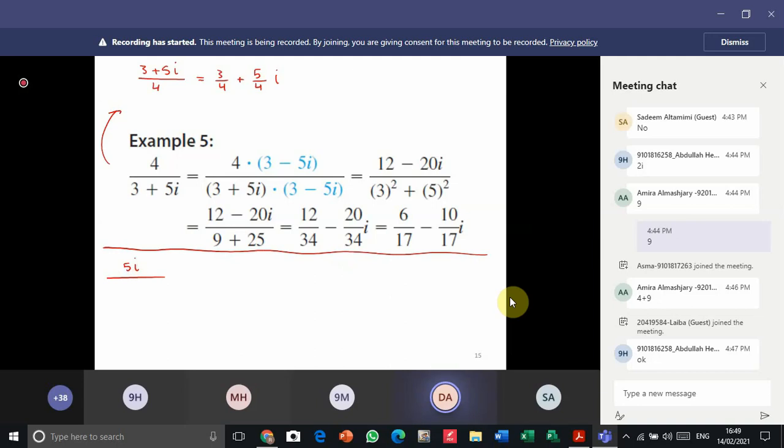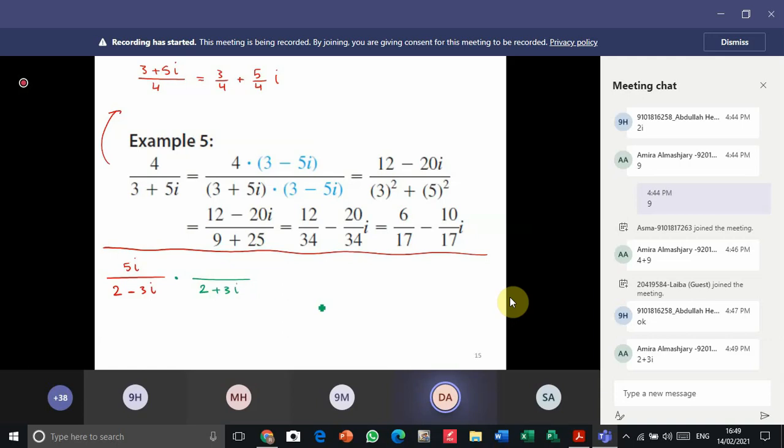5i here, 2 minus 3i. Okay, now we need to multiply by the conjugate. What's the conjugate? The conjugate of the denominator, 2 plus 3i, and multiply the numerator with the same number, 2 plus 3i.